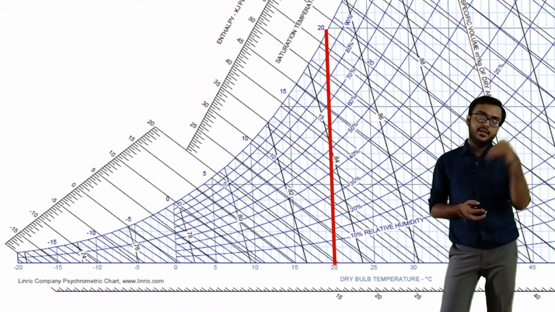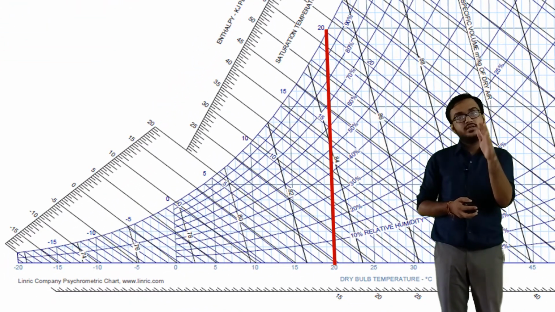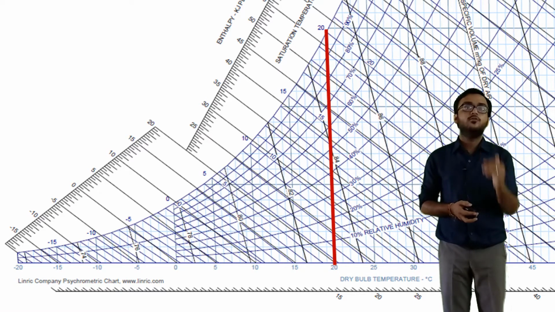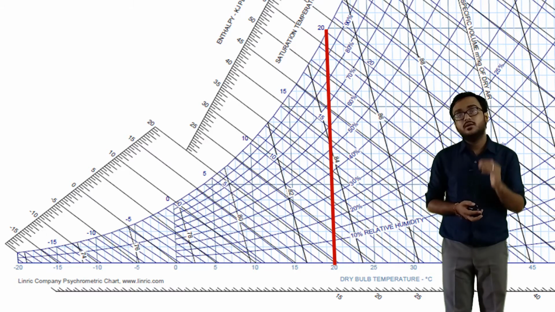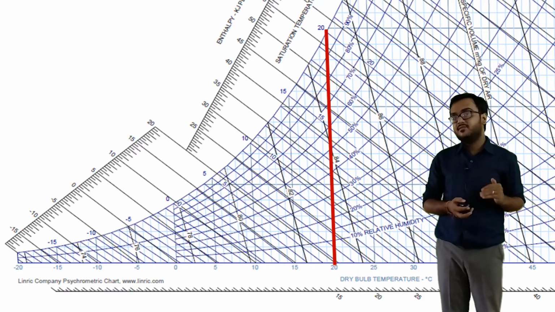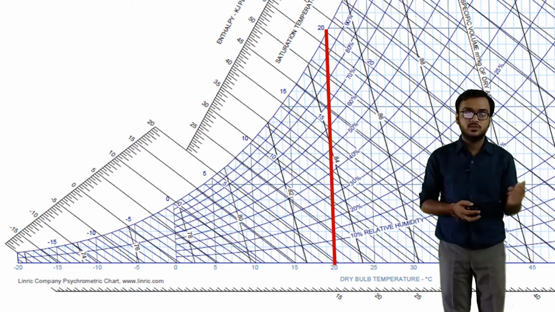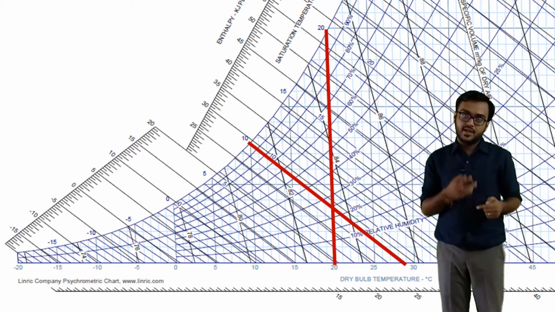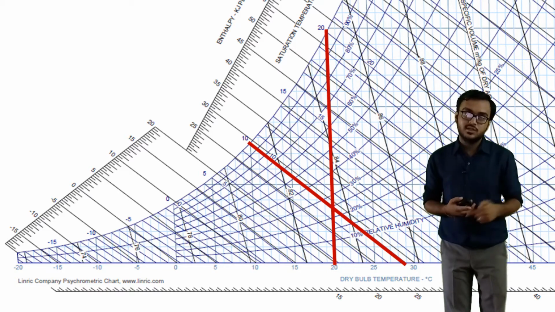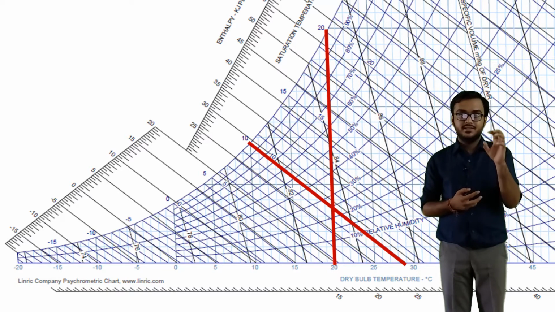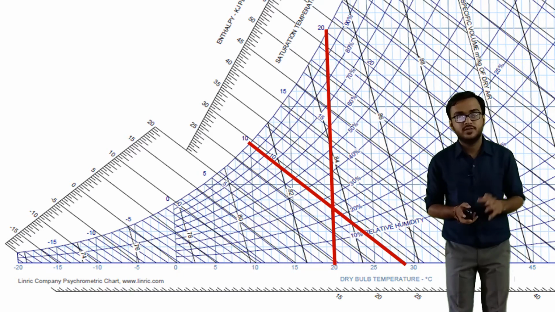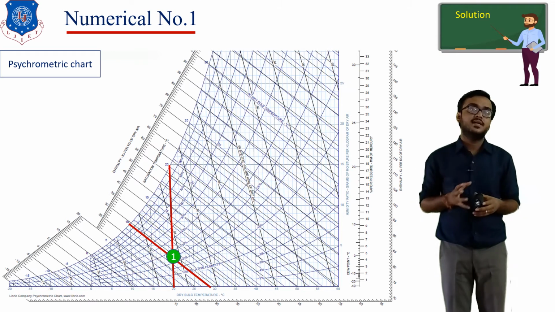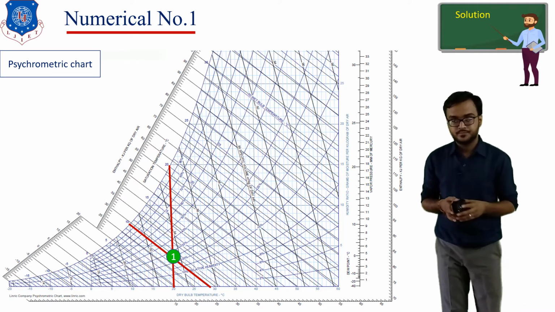Then observe the 10 degree on the psychrometric chart and plot the downward inclined constant wet bulb temperature line which indicates 10 degree wet bulb temperature. The intersection of both lines, dry bulb and wet bulb, gives us the condition of air entering the heating coil. So here we have point number 1, the condition of air entering the duct of the heating coil.